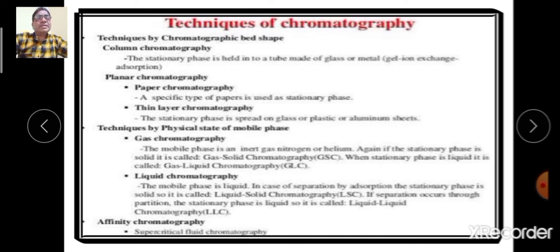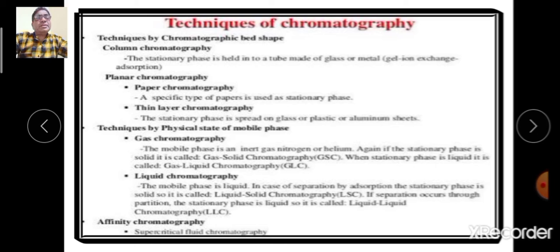The second variety is thin layer chromatography, also called TLC. Here the stationary phase is spread on the glass plate using slurry, and that works as a stationary phase.